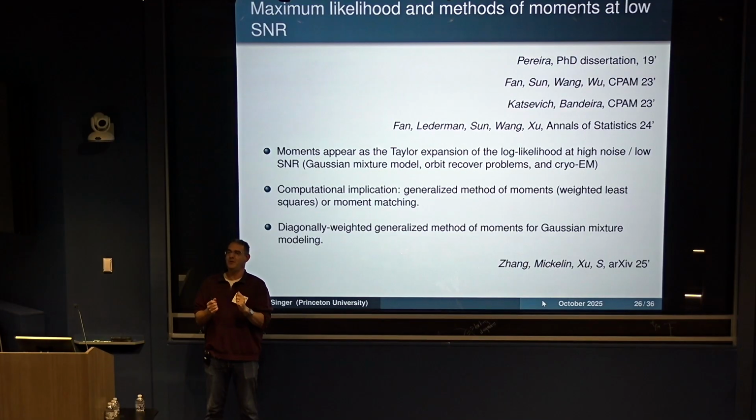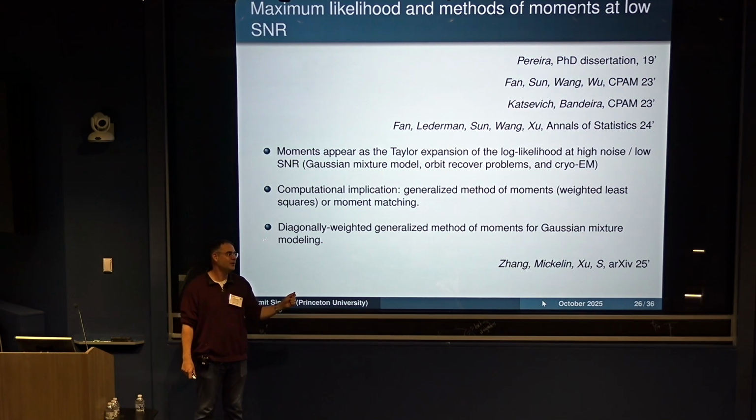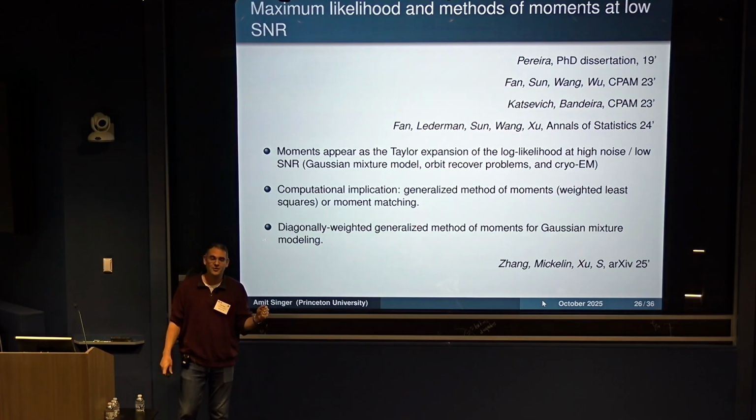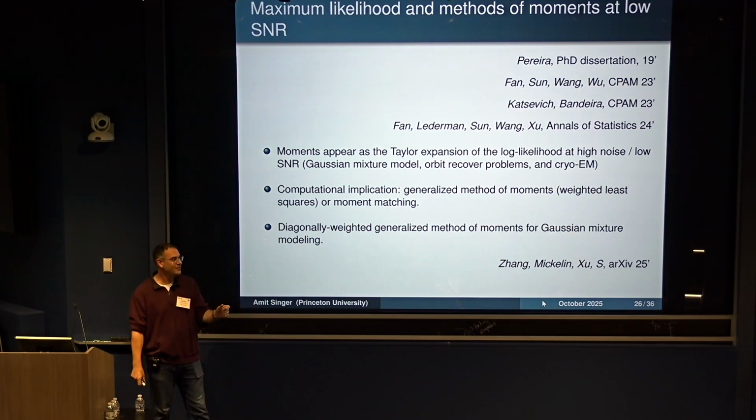This will be your epsilon in the Taylor expansion. And you can ask, what are the terms of the Taylor expansion series? It turns out that the terms of the Taylor expansion series of the log likelihood function are nothing but the moments. The first moment will be the term of the SNR, the second order moment will be SNR squared, and so on and so forth.